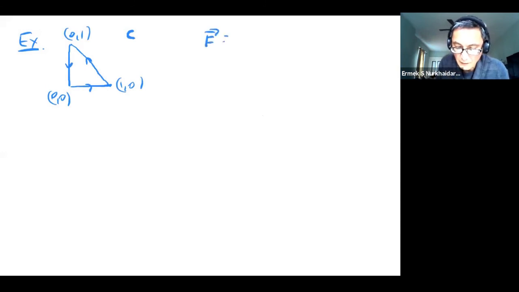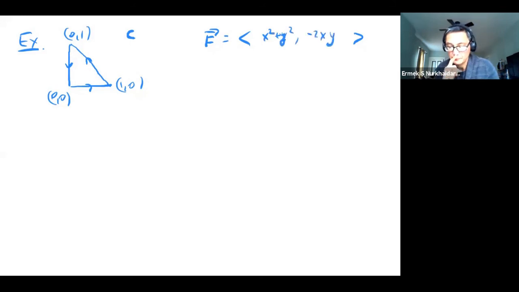Our vector field is x squared plus y squared and negative 2xy. So find the line integral of F dot dr.